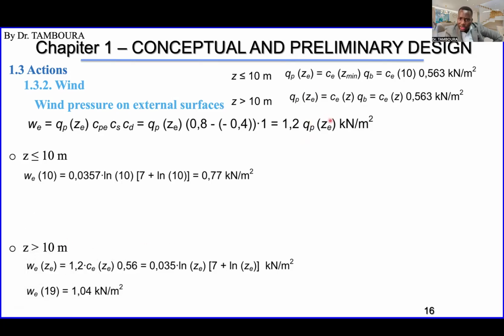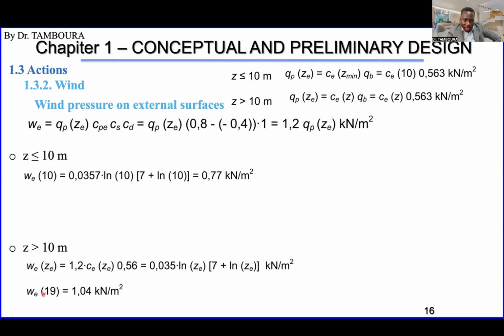Just remember that the key point is that the peak velocity pressure multiplied by 1.2 gives you the pressure on the surface, on the wall. This is what you should remember. This is just the detailed equation, and you can find it by yourself by replacing this z.